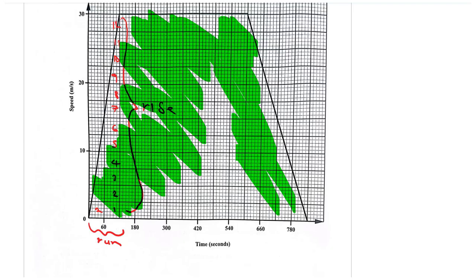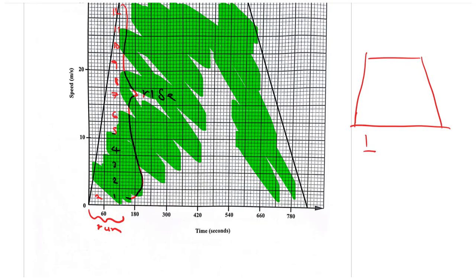Right? So notice now, this shape is a trapezium. Let me draw the shape. And the area of a trapezium is a half a plus b times height. Right? And a is right here, b is right here, and of course the height.